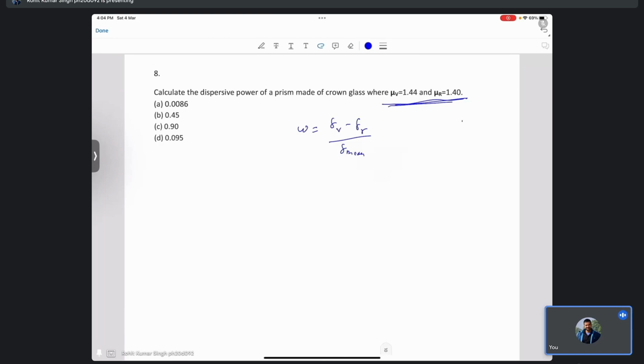You have mu, and you want to find the angle of deviation. So you have this formula, right? Mu minus 1 times A, but you don't know A. The angle of prism is not given. But actually this is not needed, because let me show you.